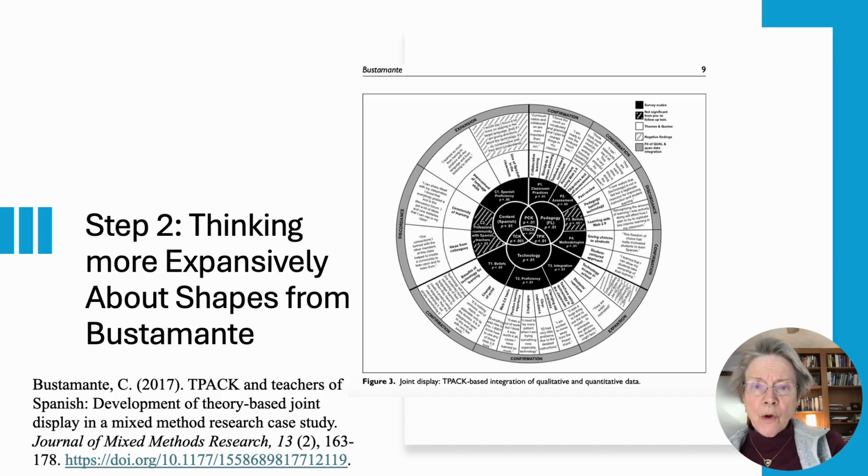At the center is core constructs, and then you're building knowledge from different sources of data and building it out. So rather than the left to right thinking that is characteristic of joint displays, at least in the United States, this is almost like exploding from the center in multi-layered. So this also received a good deal of attention in the mixed methods world as a new way of conceiving of a joint display in a circular format.